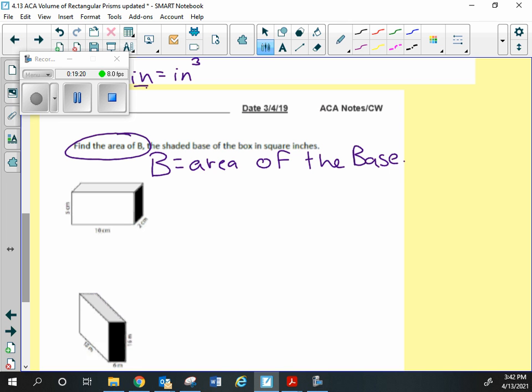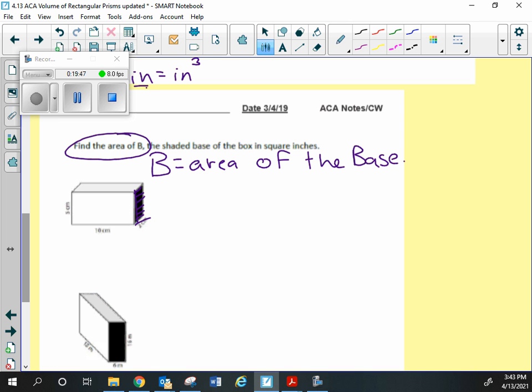But STAAR likes to be spicy, and they're like, jokes on you. It's wherever it's shaded. If it's not shaded anywhere, by default it's the bottom. But on here, where do we see it shaded? On the side. So when it says to find big B, it actually wants me to find the area right here. They're trying to pull tricks. I would love for it to always be the norm, but it is what it is.